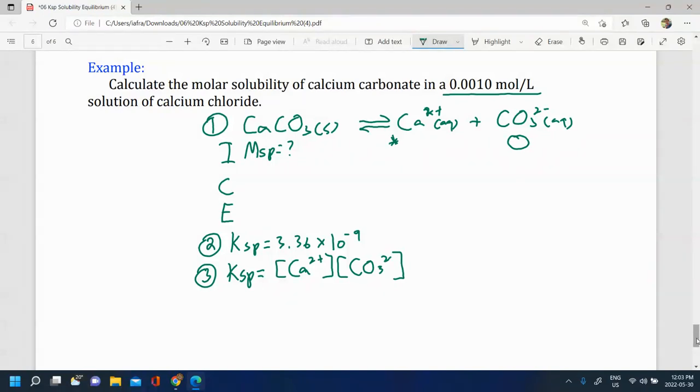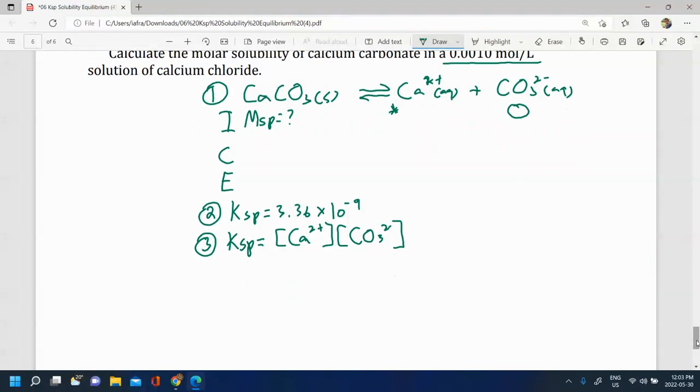So we need to figure out what is that value of calcium in the solution. Remember, you're told that you have calcium chloride, and you're told that that's completely dissolved into the water. So you already have that concentration there.